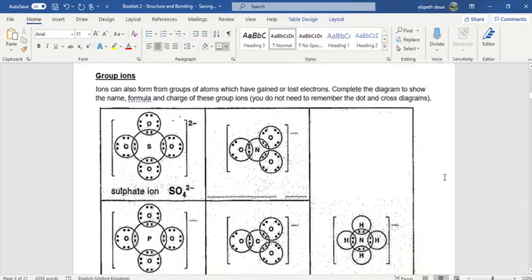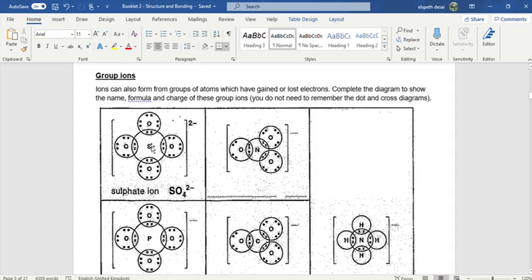Okay, this next little bit is kind of revision, kind of not. To do this section on group ions, you need to look at the data book again, page 8 of the Nat 5 data book, where you've got this information about the group ions. There's a similar page in the Higher one as well, and all you have to do is look at the formula for each ion.